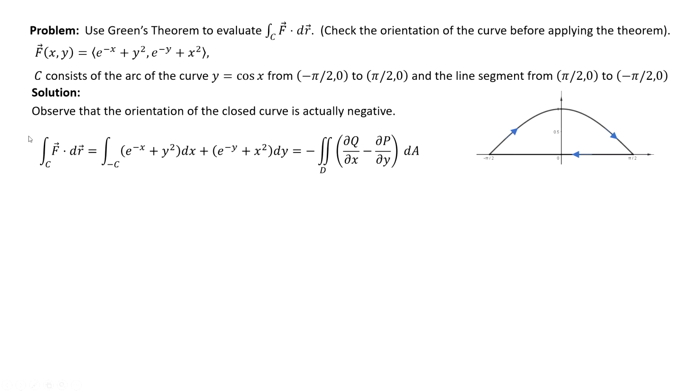So that means the integral that we need to evaluate, you should treat that as negative C. This is P(x,y) dx plus Q(x,y) dy, and because of the negative orientation we must stick a negative here. All right, and then the rest of it is straightforward.